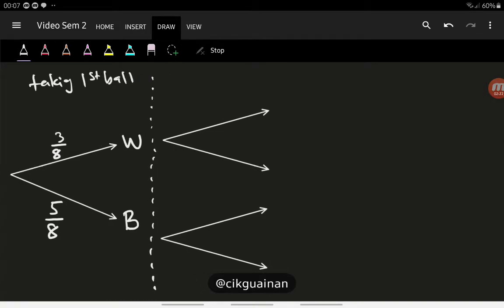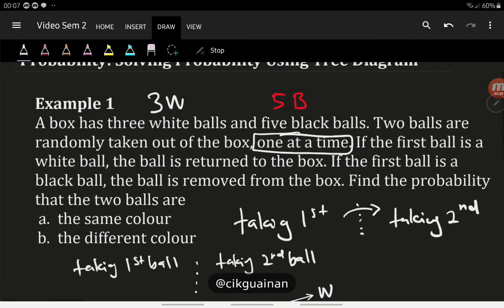Now what is the second process? Taking the second ball. The outcomes are either white or black, but we have some restrictions here, so we have to read carefully. If the first ball is a black ball, the ball is removed from the box.